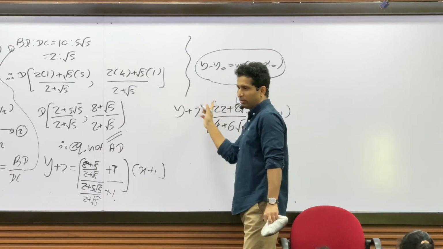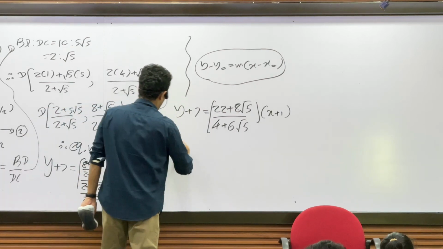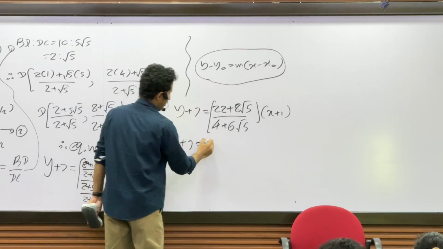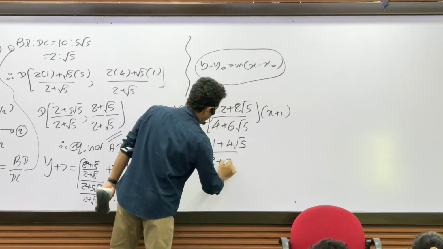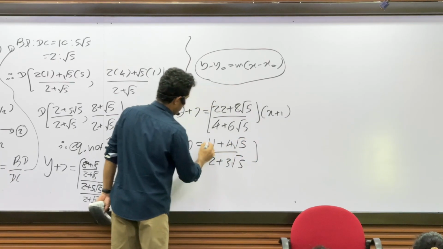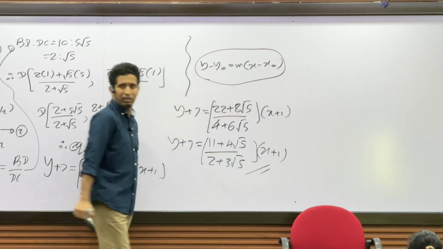You can simplify more, this is divisible by 2, right? Since this is divisible by 2, y plus 7 equals 11 plus 4 root 5 divided by 2 plus 3 root 5 times x plus 1. I think up to this is enough.